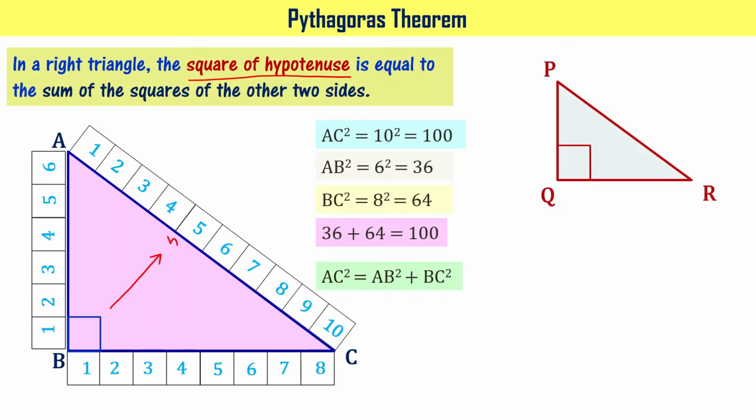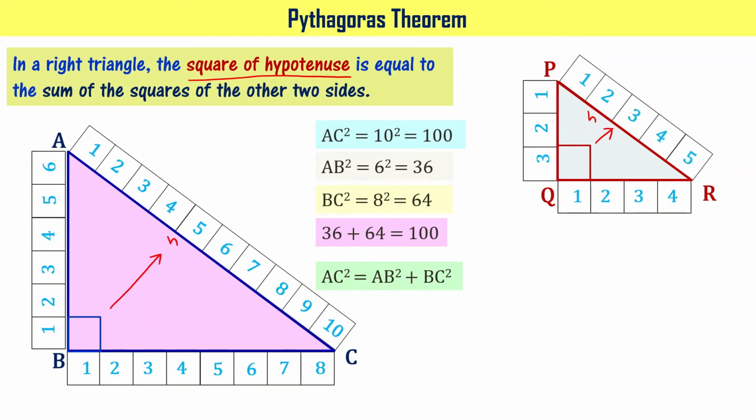Let me consider another right angle triangle, that is triangle PQR. Angle Q is 90 degrees. That's why we say that line PR is the hypotenuse for this particular triangle, right? Now let's take measure of sides of this triangle. QR is 4 units, PQ is 3 units, and PR is 5 units.